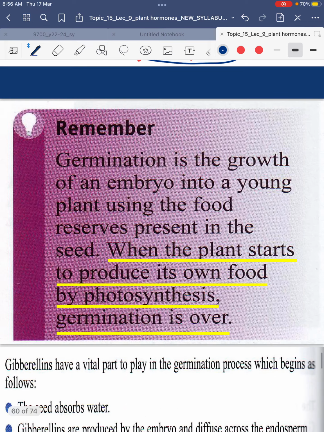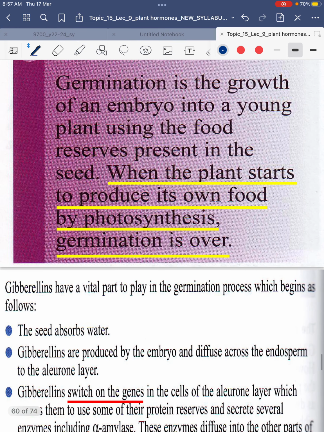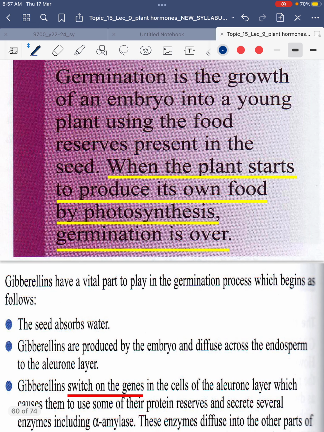So germination is the growth of an embryo to a young plant using the food reserve present in the seed. When the seed begins to make leaves, meaning the seeds grow and start to make leaves, then it will be able to make its own food.